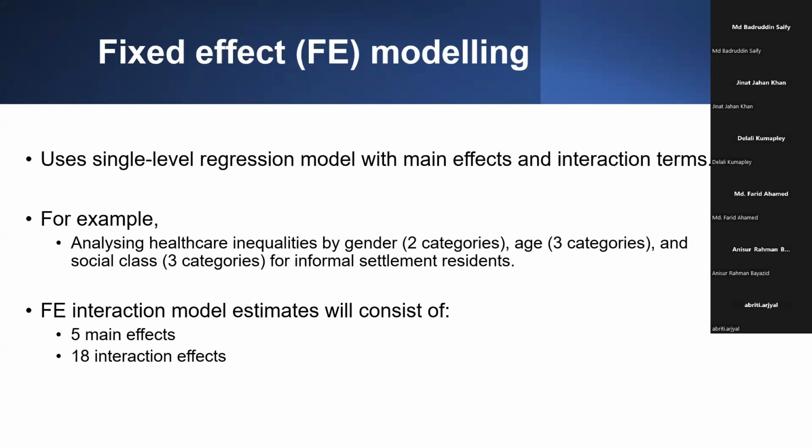So we have the young people up to 18 years, then 18 to 50 years as the middle group, let's say 50 plus as the old people. So that's our three categories. And then we have social class: poor, medium, and rich. This is hypothetical, so I'm just giving a hypothetical example. So in terms of a fixed interaction model, if you are to fit this model, we will have 5 main effects.